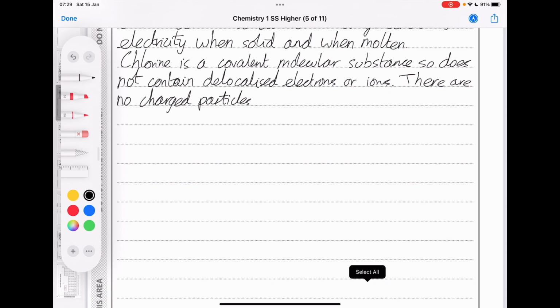That statement is not true. There are charged particles in chlorine because chlorine contains protons and electrons. However, there are no charged particles which can move. That movement is the important bit. If the charged particles cannot move, then the substance cannot conduct electricity. So, there are no charged particles which can move in chlorine molecules.